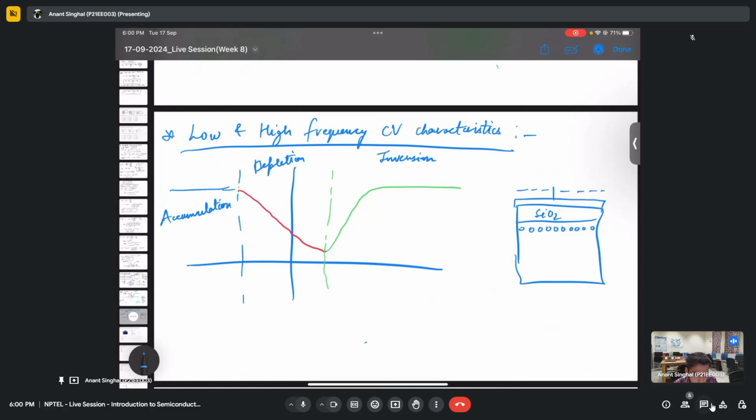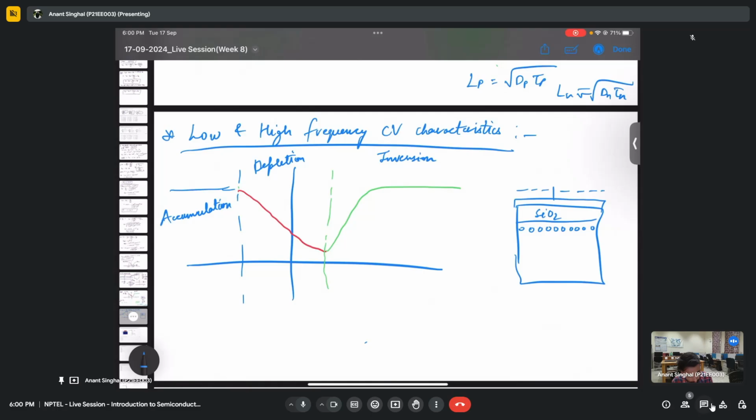I hope you do remember the time concepts, like the diffusion length, D and tau and something like that the formula was.